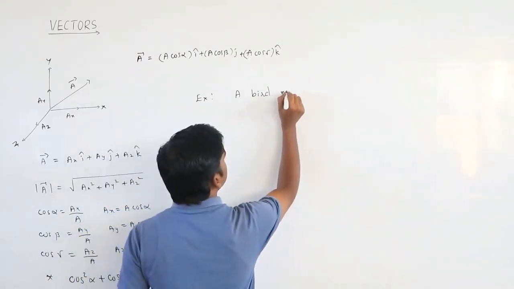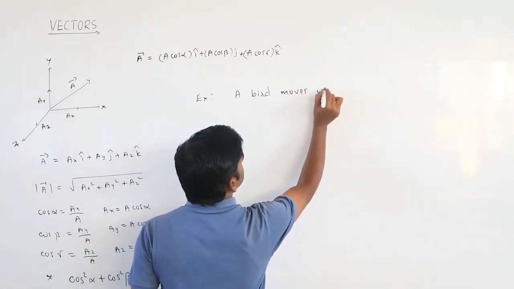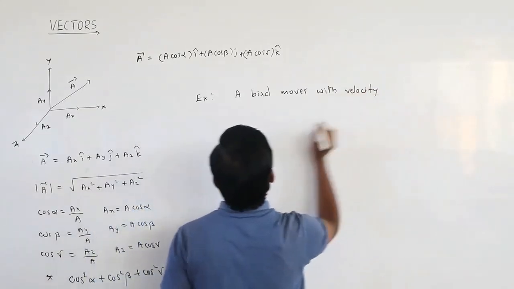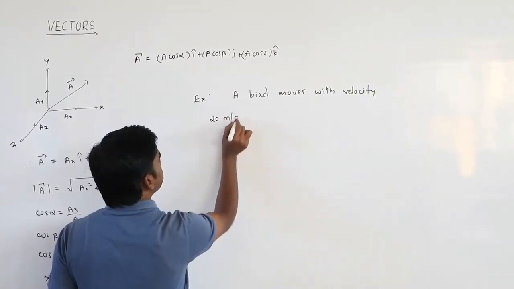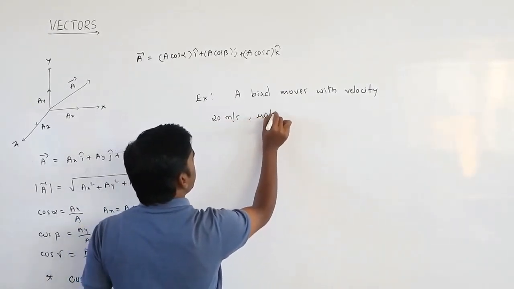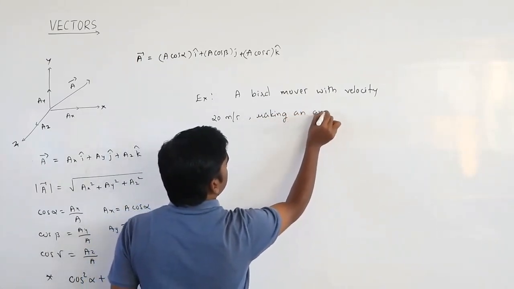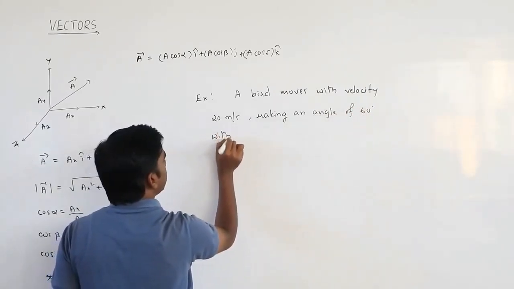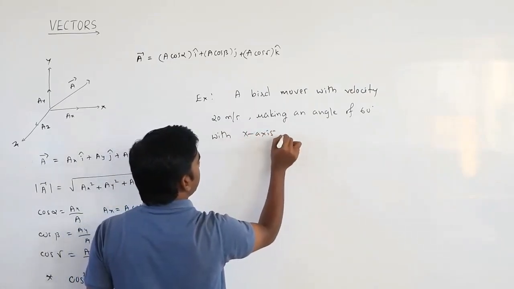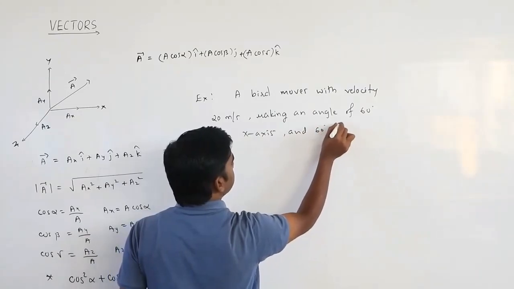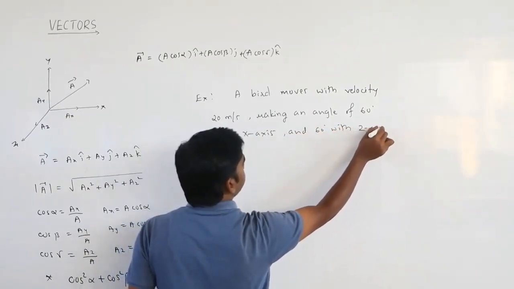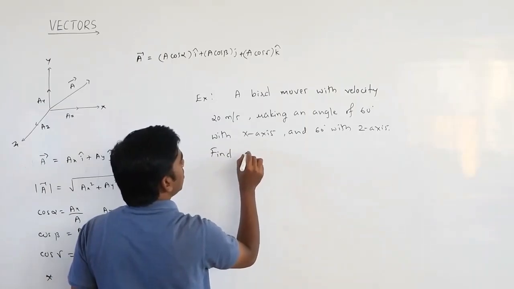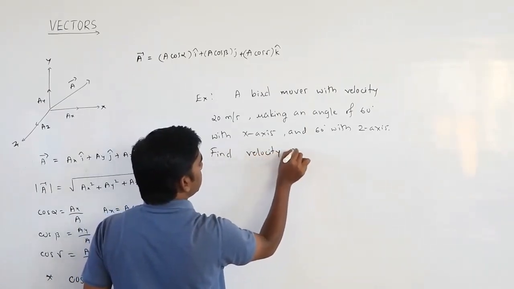A bird moves with a velocity of 20 meter per second, making an angle of 60 degree with the x-axis and 60 degree with the z-axis. Find the velocity vector.